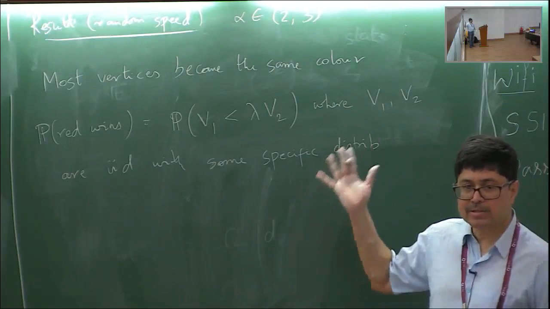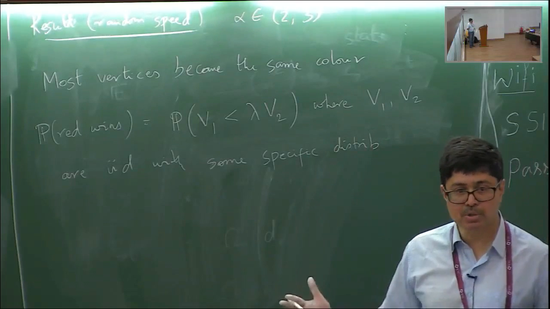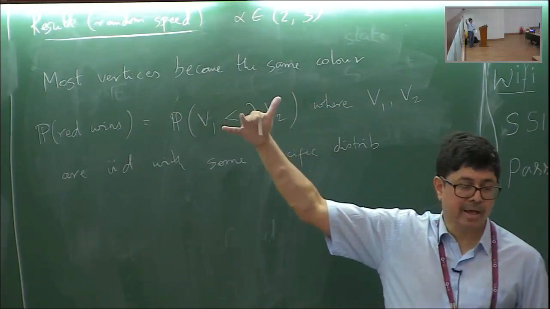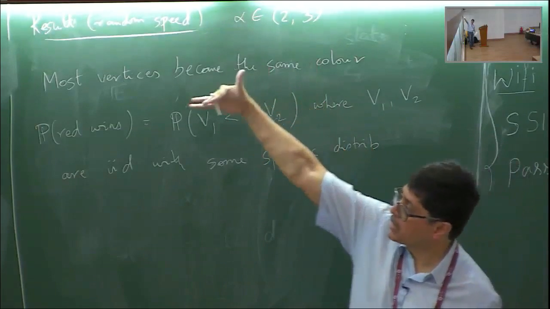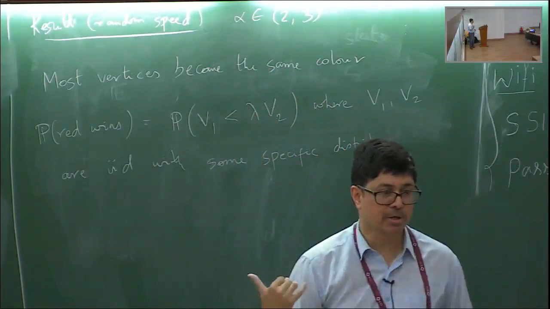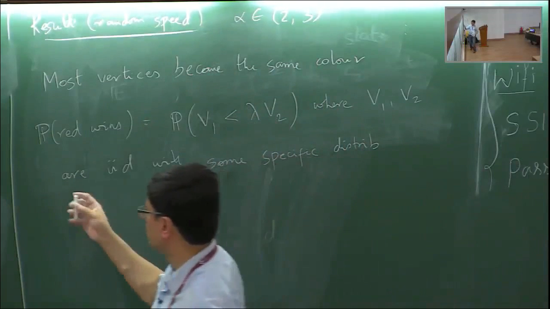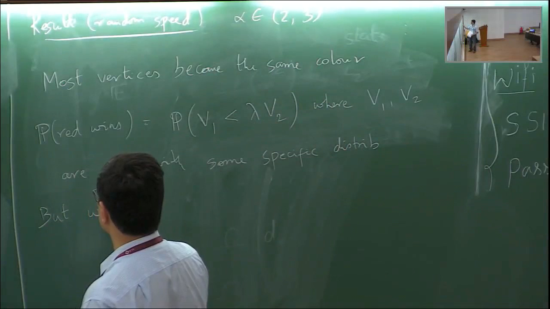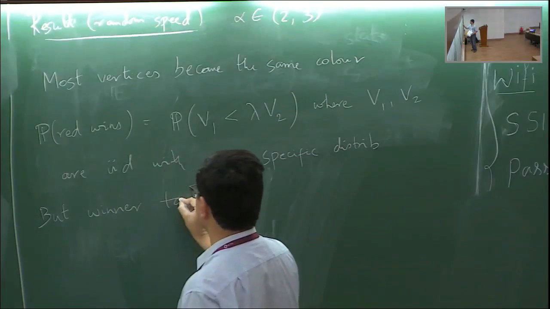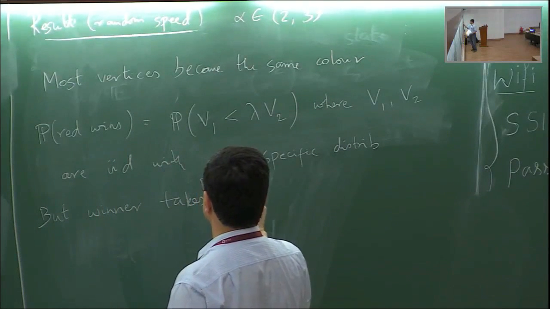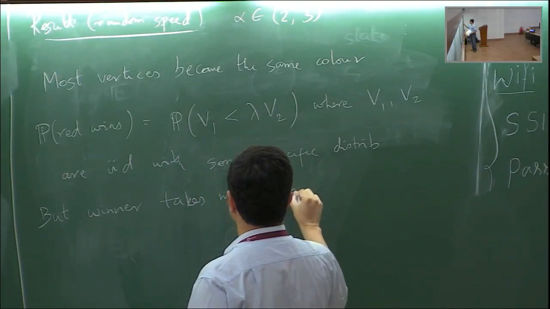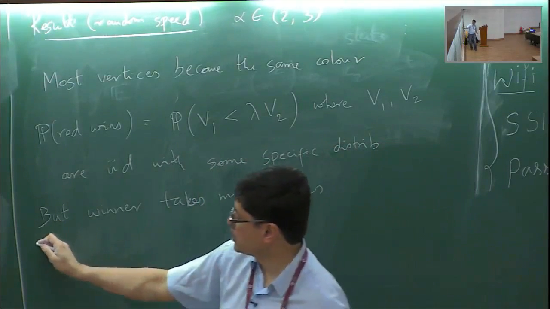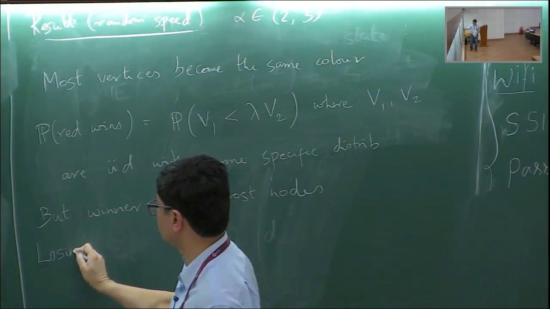So in that sense, it's a bit fairer, but in terms of how much the winner gets, the winner takes all in an even stronger sense here. So the winner takes most of the nodes. The losing color gets only order 1 nodes.